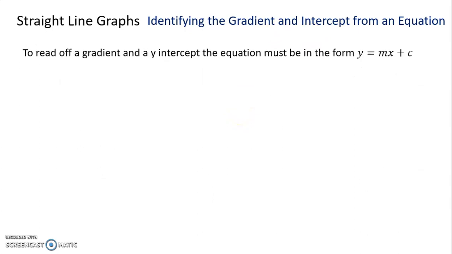Okay, so that brings us on to what we're going to be doing for the rest of this lesson, and that is reading off gradients and intercepts from equations, but sometimes we have to rearrange those equations to be able to do that, because our equation has to be in the form y equals mx plus c.